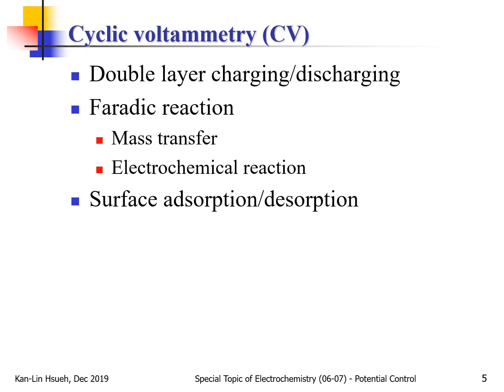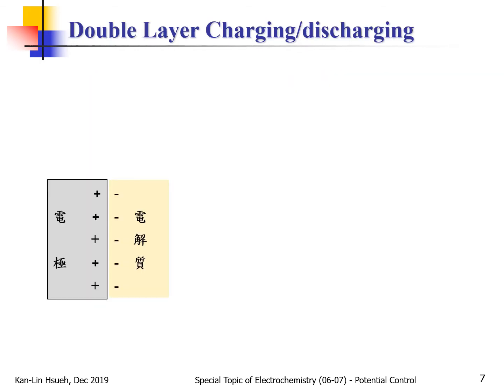For the CV, there are different kinds of attributes to the current we measure. The first is double layer charge and discharge. If you think of this as the electrode and this as the electrolyte, when you apply voltage, charge starts to build at the electrode, and a mirror image of the charge is also formed on the electrolyte.